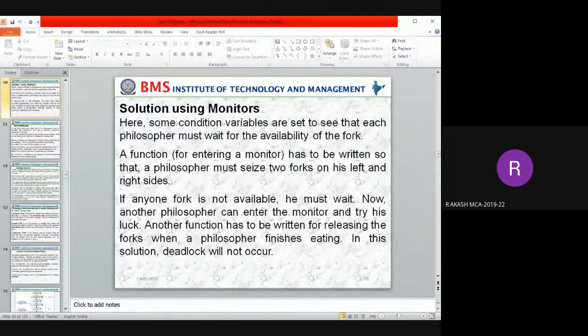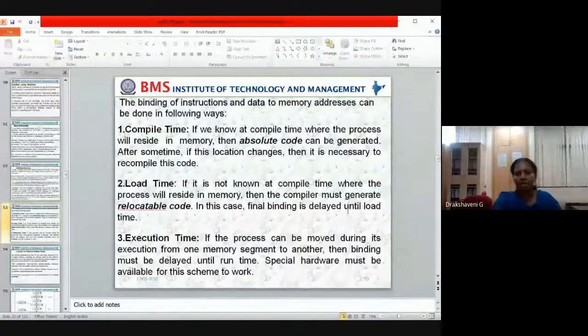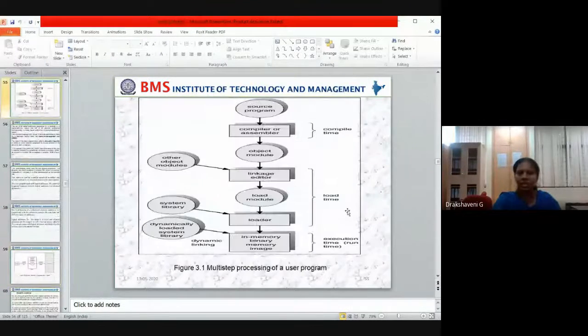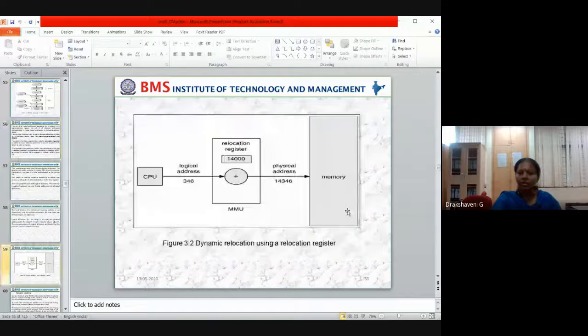We have seen compile time, load time, execution time, and logical versus physical address. Here you can see dynamic relocation using the relocation register.